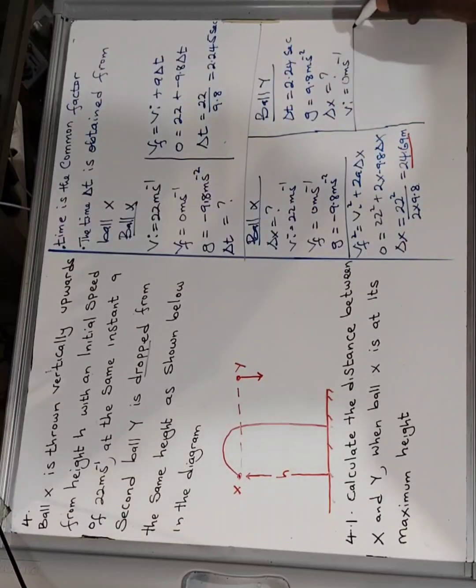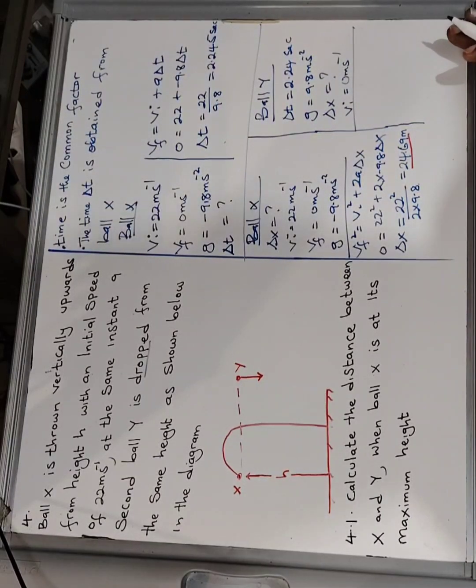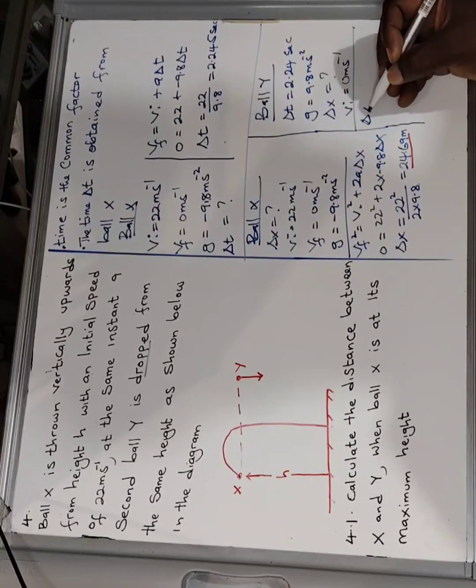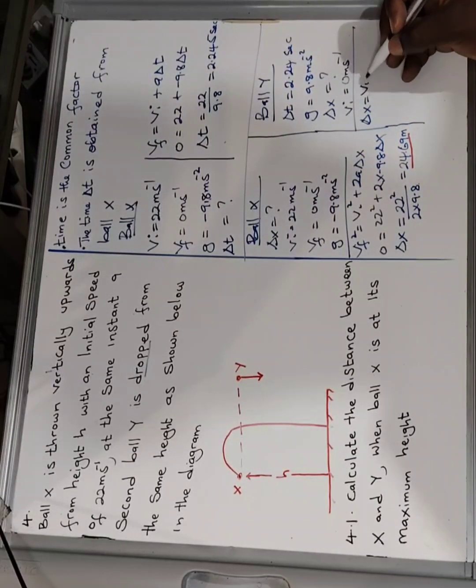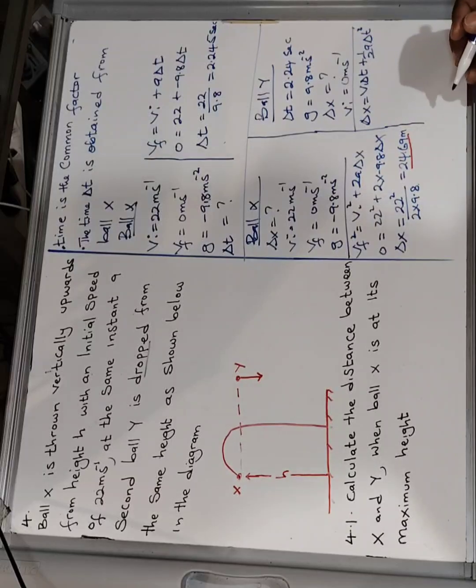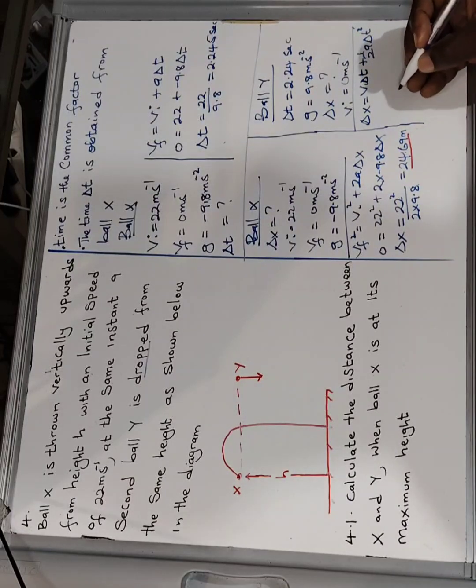So when you look at this data, what equation does it give you? It gives you the third equation, which says that delta x is equal to Vi delta t plus a half a delta t squared. When you substitute, what do we have?